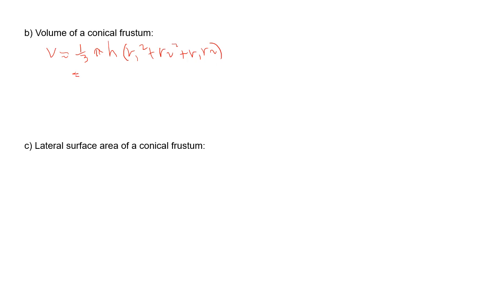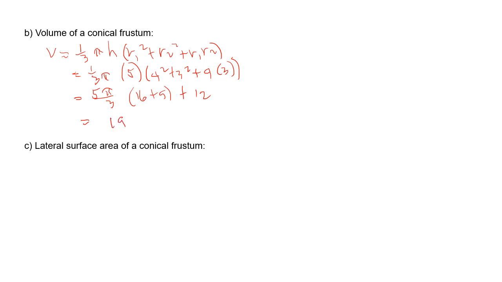So substituting values, 1/3 pi times 5 times (4 squared plus 3 squared plus 4 times 3), equals 5 pi over 3 times (16 plus 9 plus 12). So the volume is equivalent to 193.6 feet cubed.